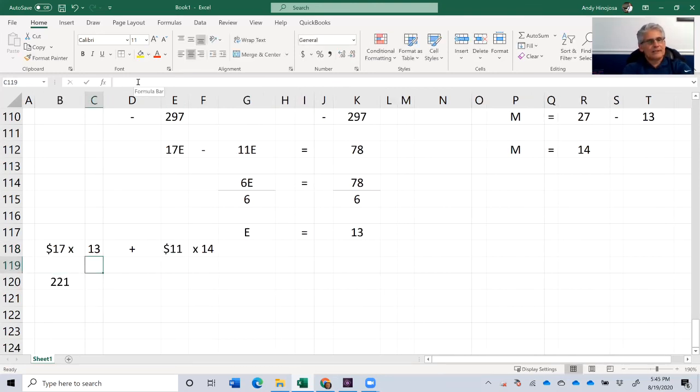So in this case, 17 times 13 gives us $221 plus 11 times 14, $154.